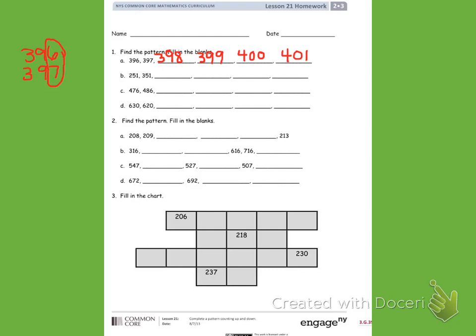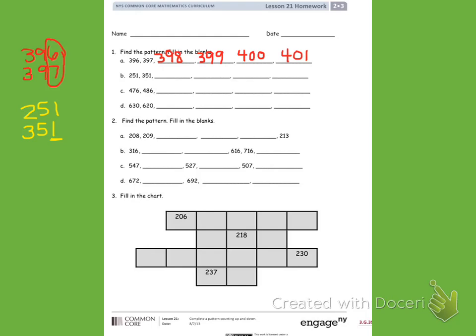Now, if I look at the numbers in item B, 251 and 351, again, I will write them up and down and then compare them, seeing which column had the number change. The ones column, both numbers are the same.